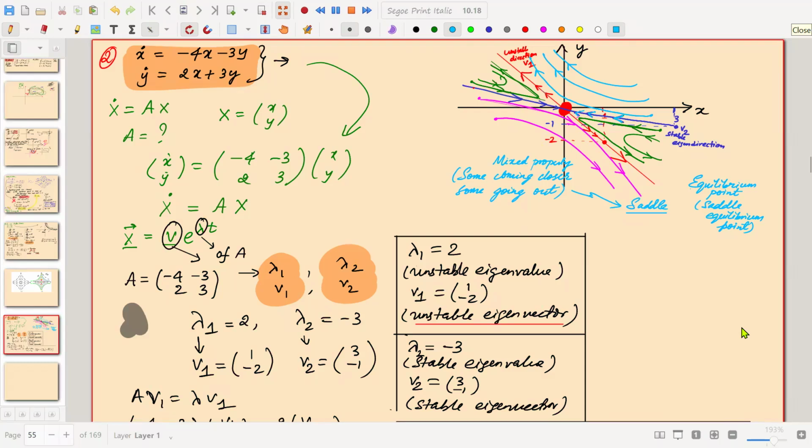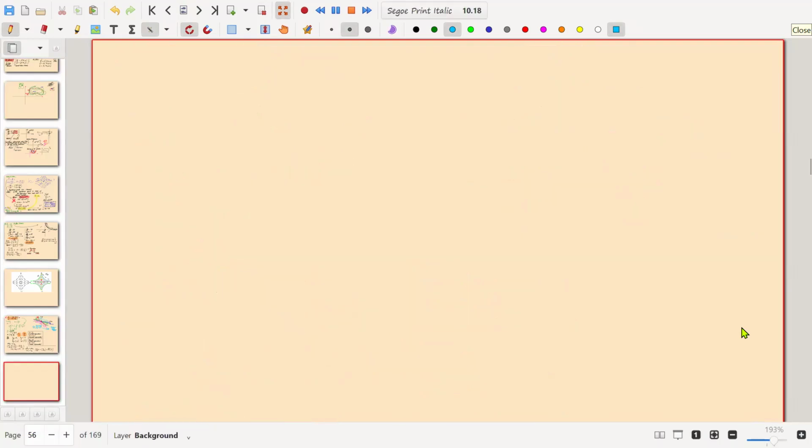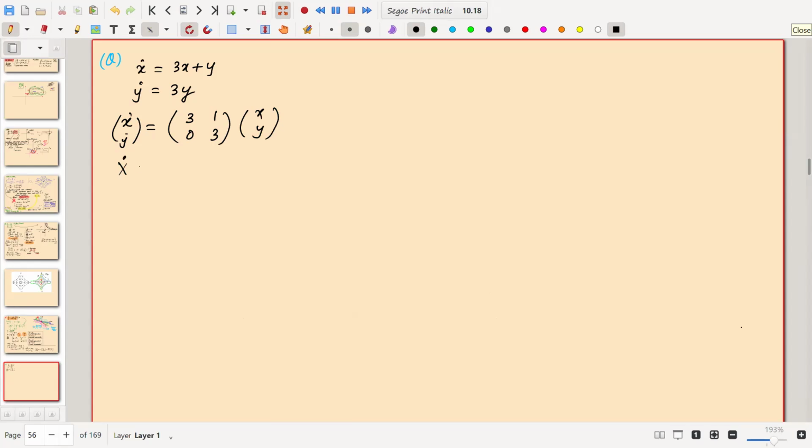Okay, so let's go to the next one. What happens if you take a different dynamical system, that is x dot equals 3x plus y and y dot equals 3y? If you have this system, I can write it as [x dot, y dot] equals [[3, 1],[0, 3]] times [x, y]. So this is x dot equals Ax.